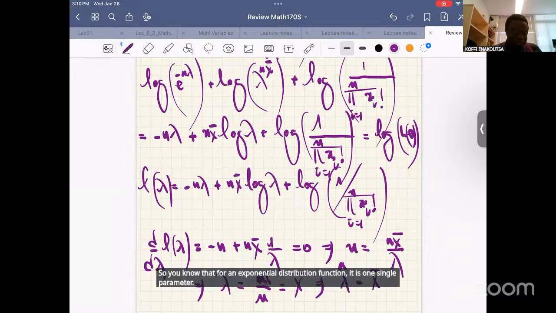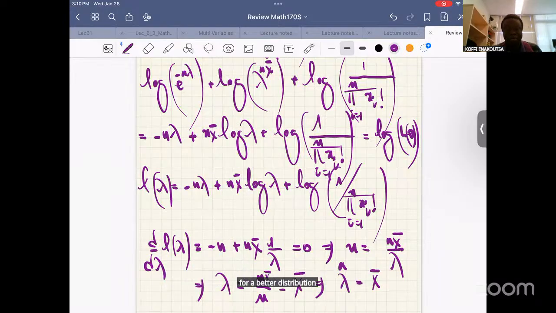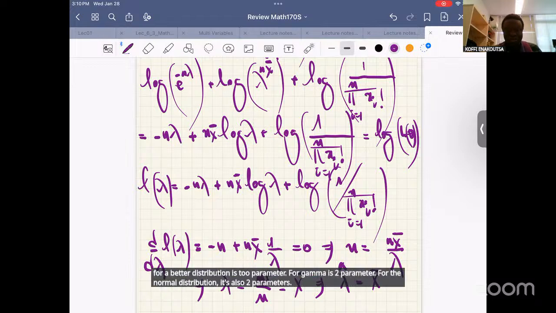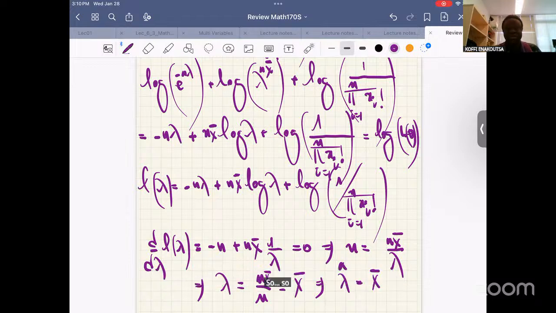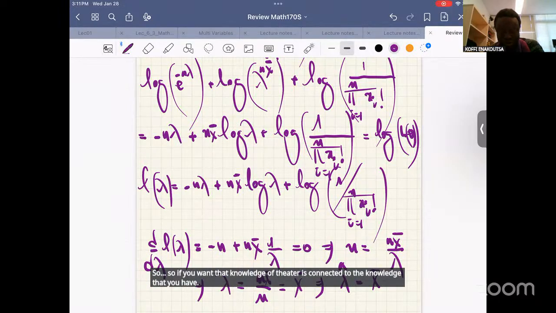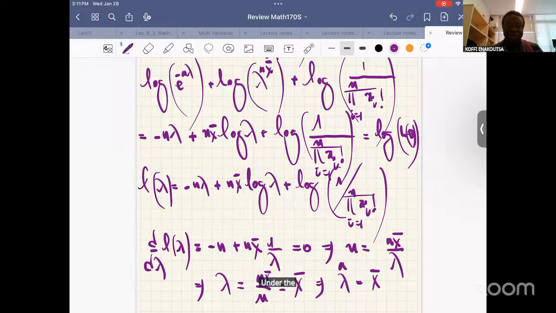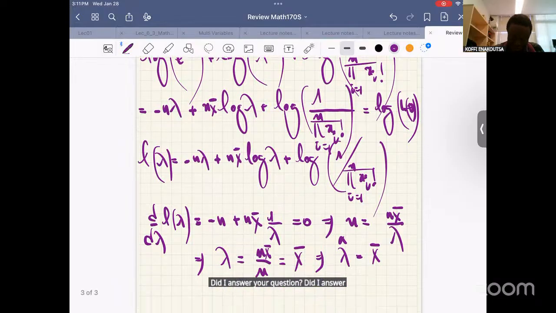For a beta distribution, it's 2 parameters. For gamma, it's 2 parameters. For the normal distribution, it's also 2 parameters. So the knowledge of theta is connected to the knowledge that you have about the probability density function or the PMF. Did I answer your question? Okay, thank you for the question.